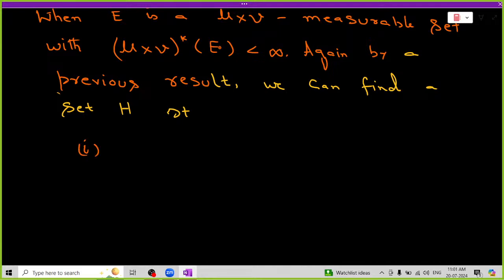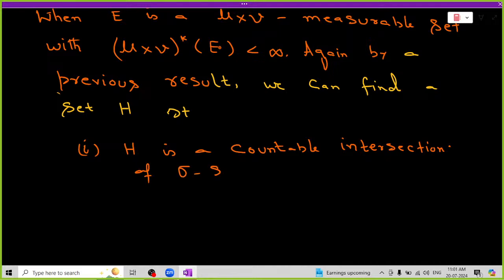first, this H will be a countable intersection of sigma sets with respect to the product semi-ring.